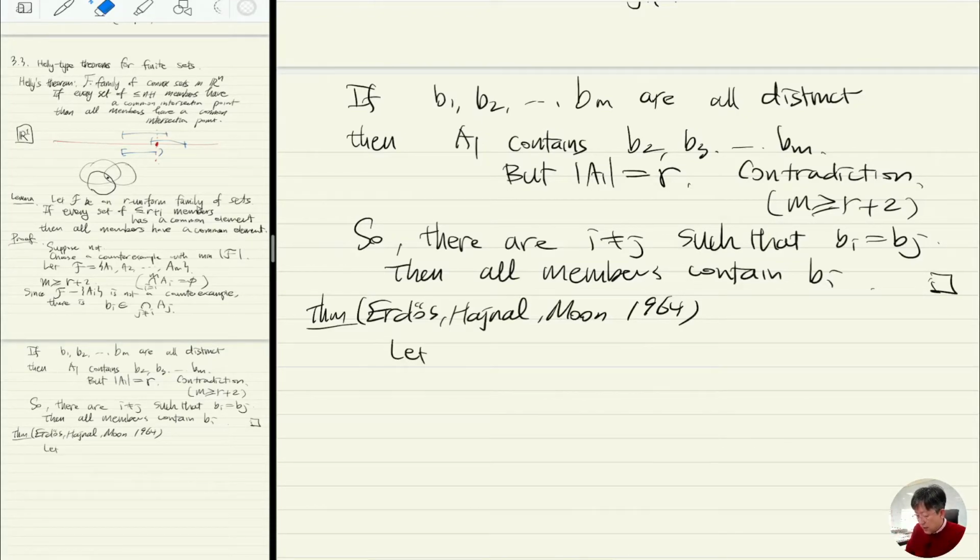So let F be a family of edges. Oh, no, okay, so not this way. So let G be a graph.